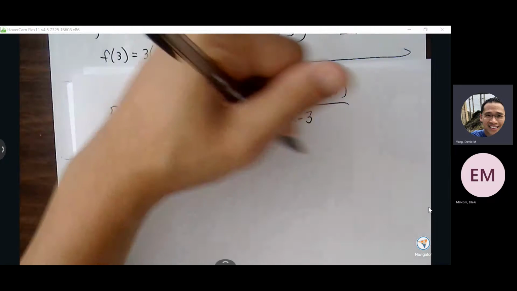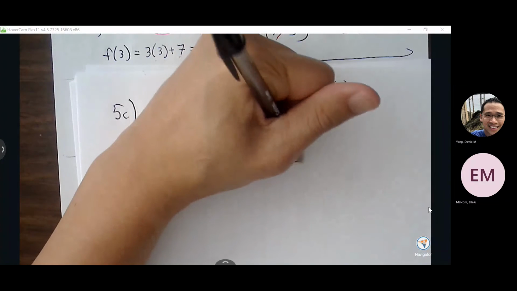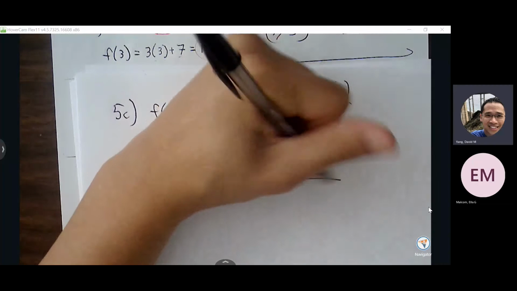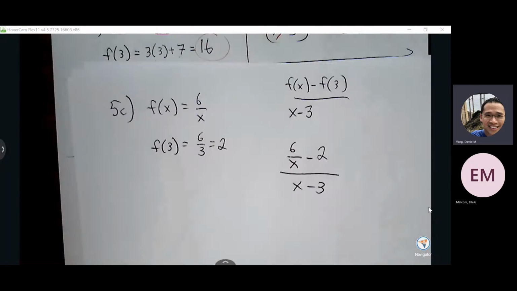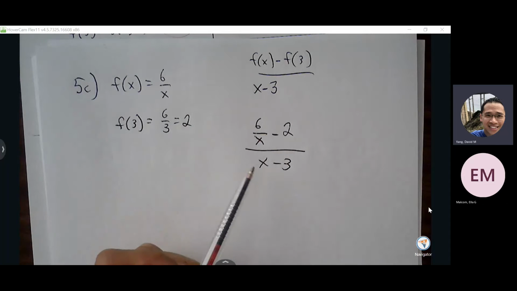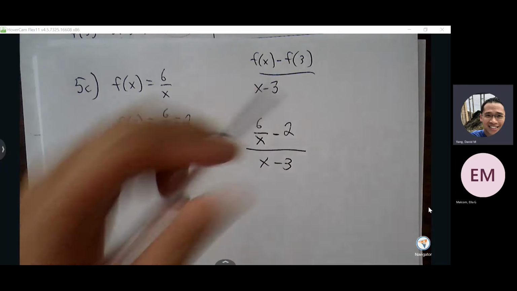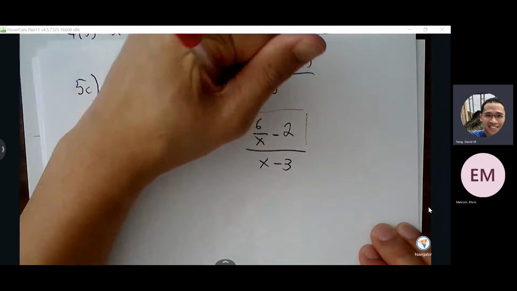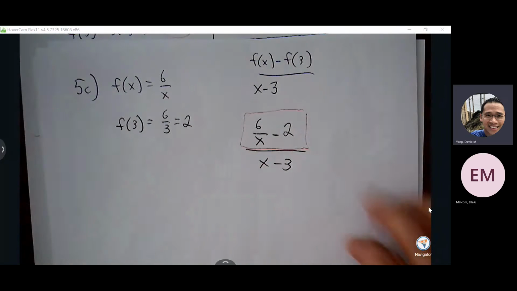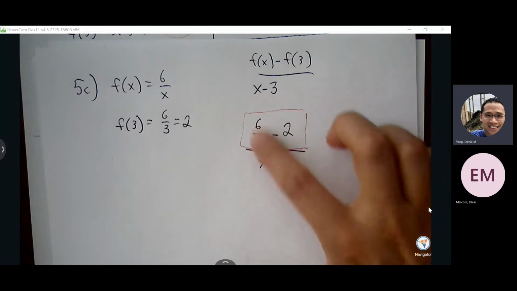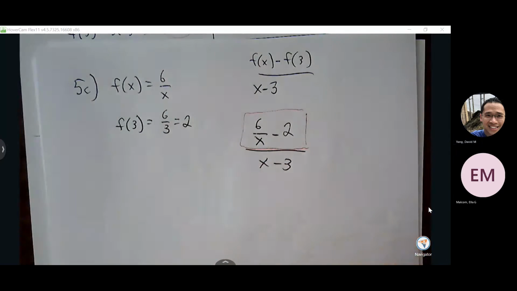Make our substitutions. So this is a complex fraction. What we're going to do is try to find a common denominator within this. Then we can find a way to merge this x minus 3 with the result of this cleaned up fraction.